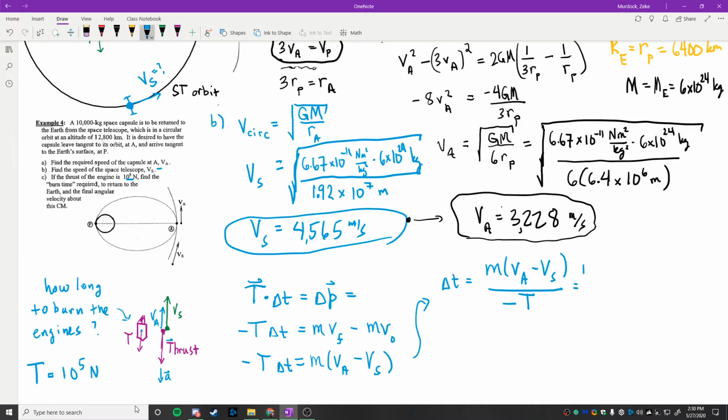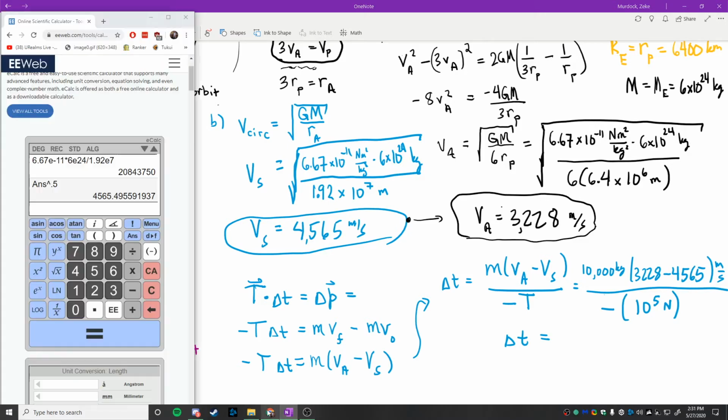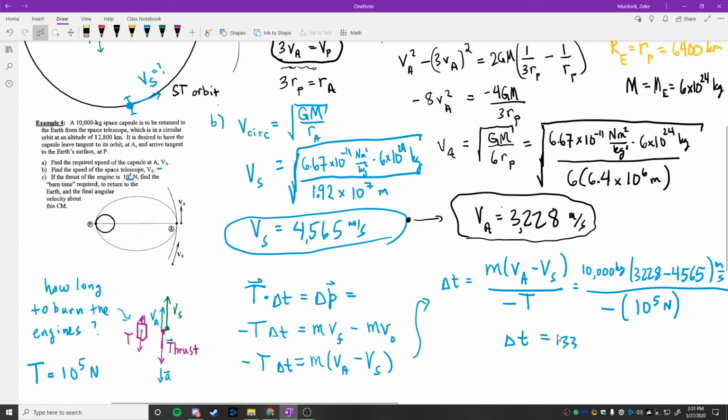Plugging in our numbers, mass is... Okay, any questions as I'm writing this out? I'll just plug the numbers in. Does that look right to you guys?